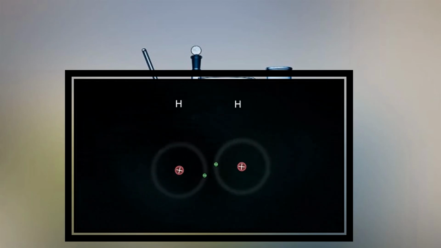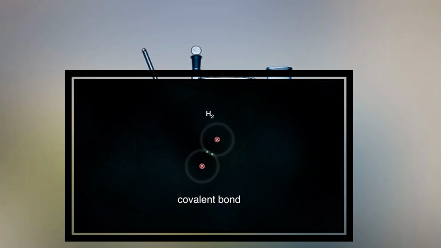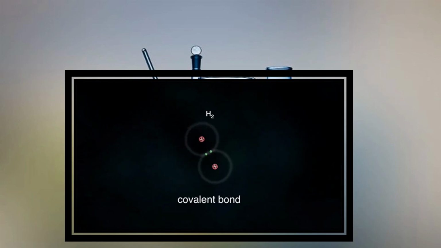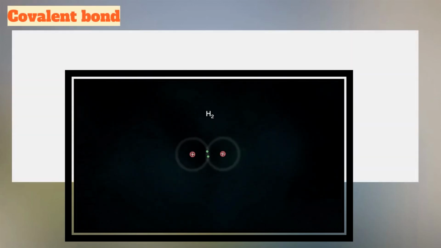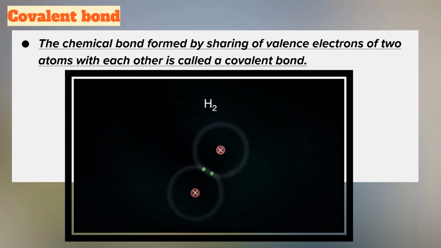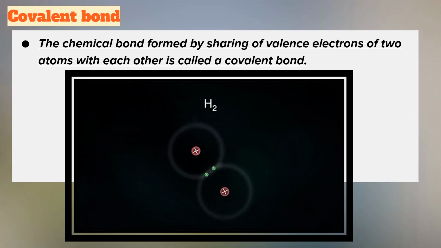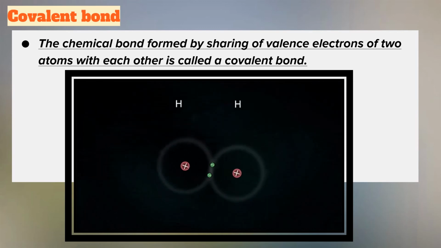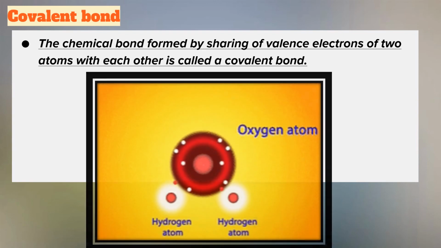Remember, in ionic bond, the electron was given to another atom. However, in this type of bond, the electrons are being shared. Now, the chemical bond that is formed is called a covalent bond. So a chemical bond formed by sharing of valence electrons of two atoms with each other is called a covalent bond. Now let us look at another example of a covalent bond, that is the water molecule.